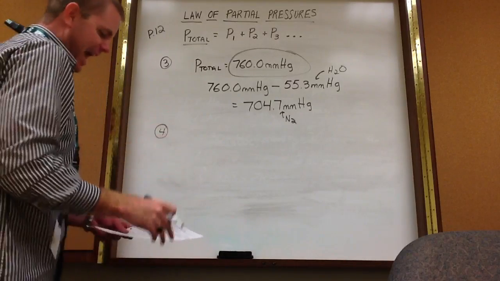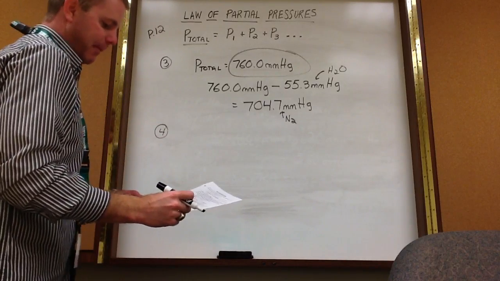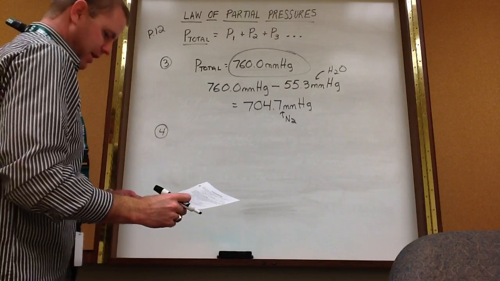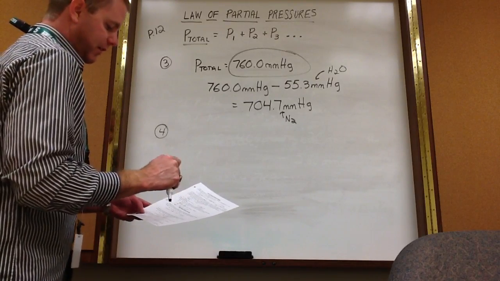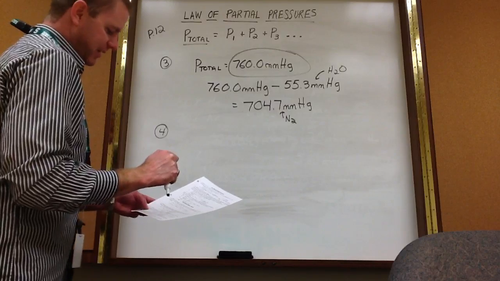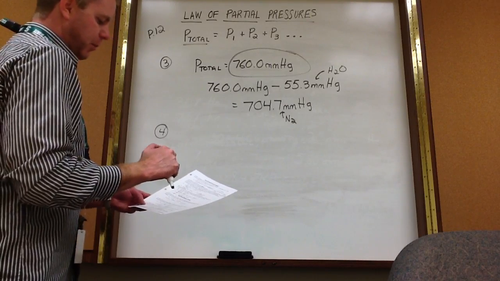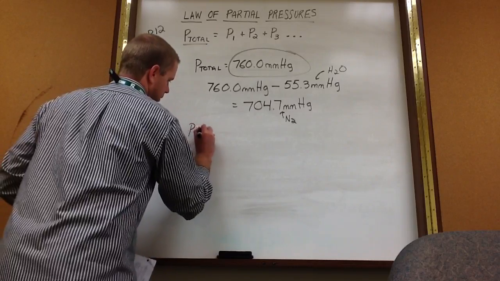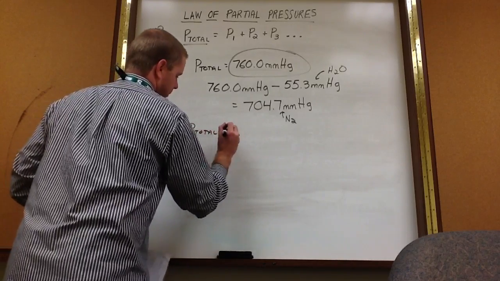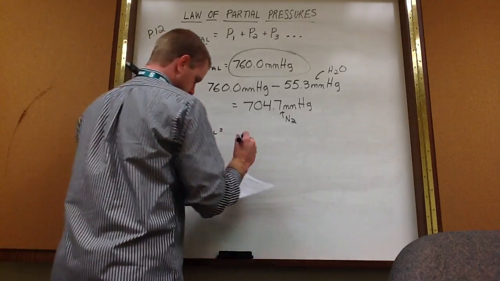Number 4 is the exact same kind of thing, except you have a conversion to do. 92.5 millimeters of mercury is what I tell you for the water, but I tell you that I have 96.00 kilopascals for the P total. Womp, womp, womp. They don't match, right?